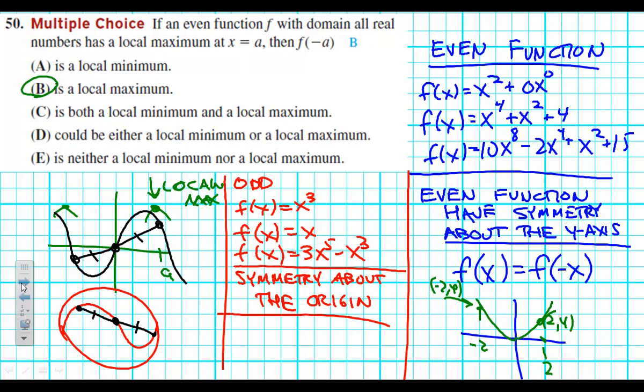The true definition of an odd function is that f of x is equal to negative f of negative x. For every point that I have here, call it a, f of a, there's a point over here, negative a, and where this one was positive, the other one is negative.